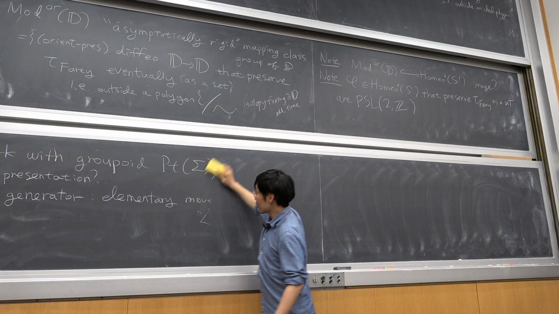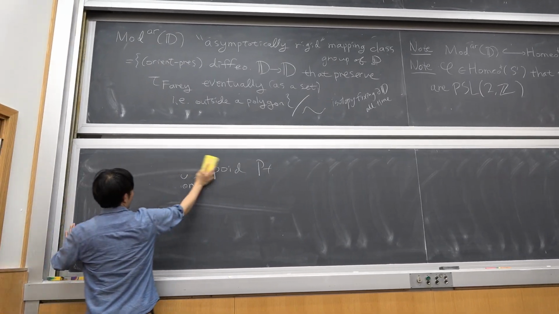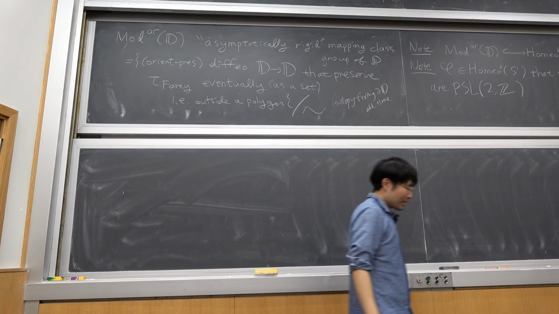I think you can easily prove that the PSL2Z fractional linear automorphism of the open unit disk really does preserve the Farey tessellation.